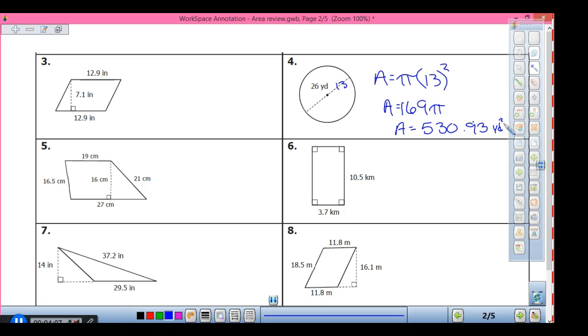It's a trapezoid. Okay? So if I'm going trapezoid, it is 1/2 times what? What comes first? Height, which is 16 times, and then it's base 1 plus base 2. So base 1 is 19 plus 27.